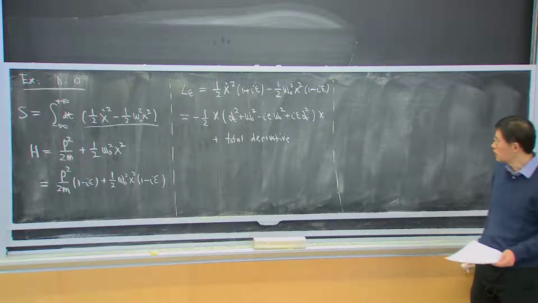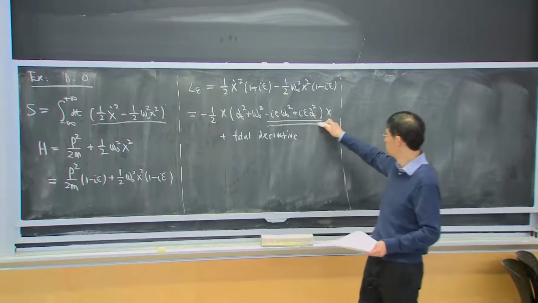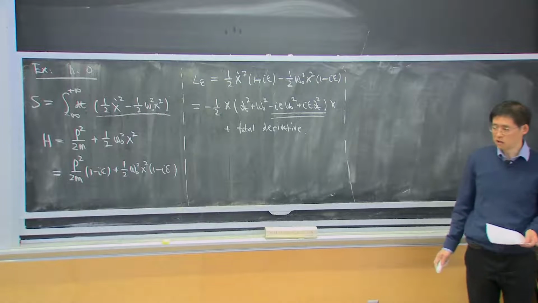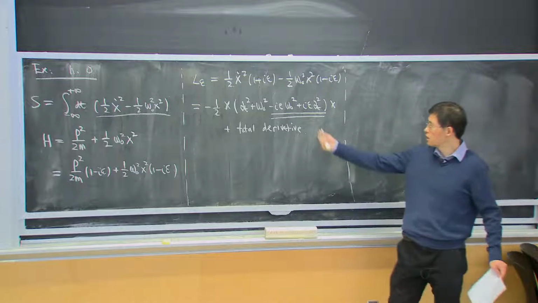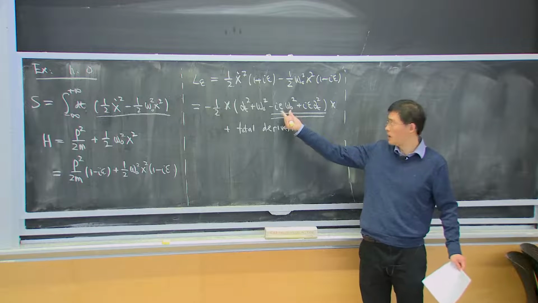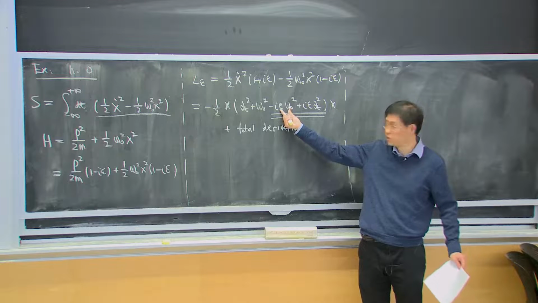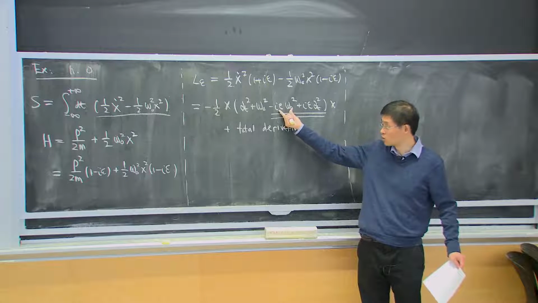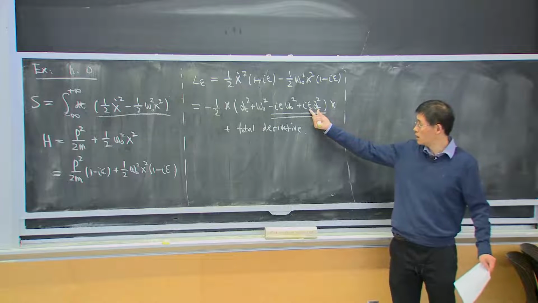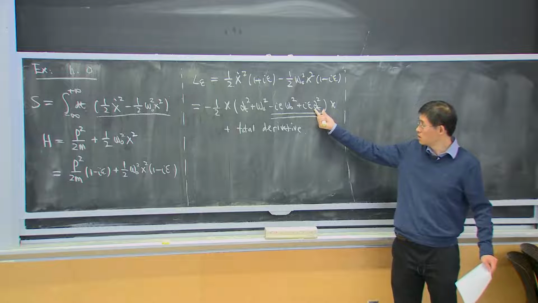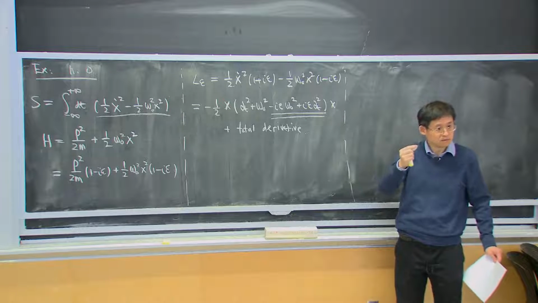Now let's look at the epsilon dependence. Omega squared is just a positive number, multiplied by epsilon is still a positive number, and epsilon is infinitesimal, so we can still call it epsilon. Now partial t squared acting on x is a negative definite operator.